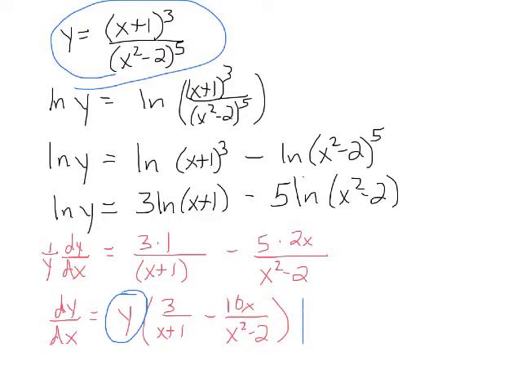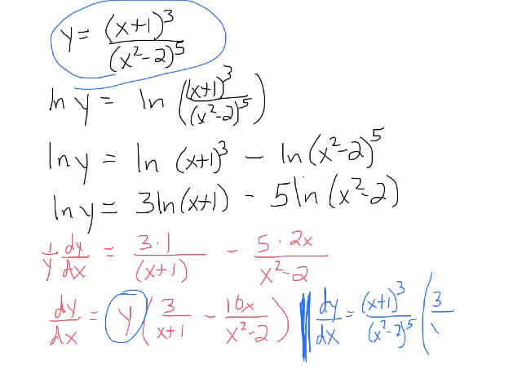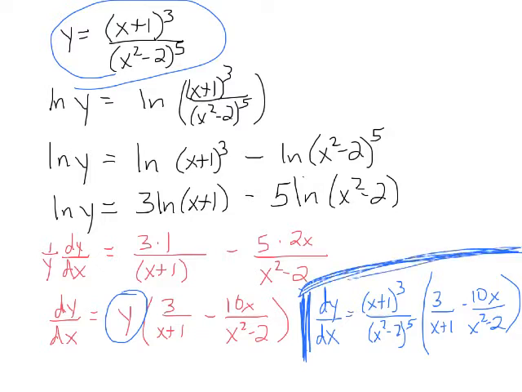So we get a final answer of dy/dx is equal to (x plus 1) to the third over (x squared minus 2) to the fifth times this quantity. All right, there we have it. Implicit differentiation used within the process of doing logarithmic differentiation.